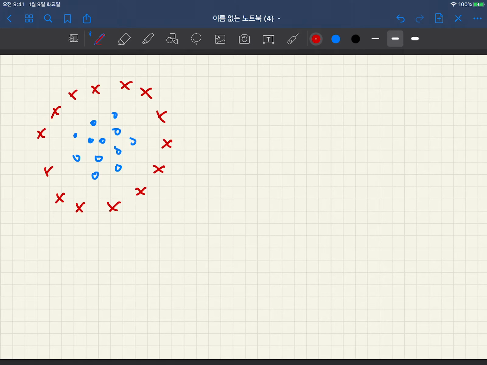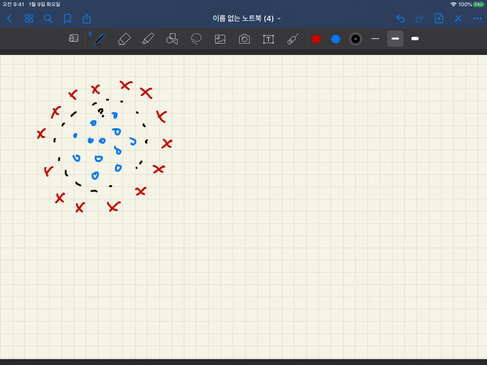Essentially, what we want to do for this data set is classification. We want to draw some decision boundary like this so that we can classify any new input data point very accurately, right? So this is the main goal of all kinds of machine learning.